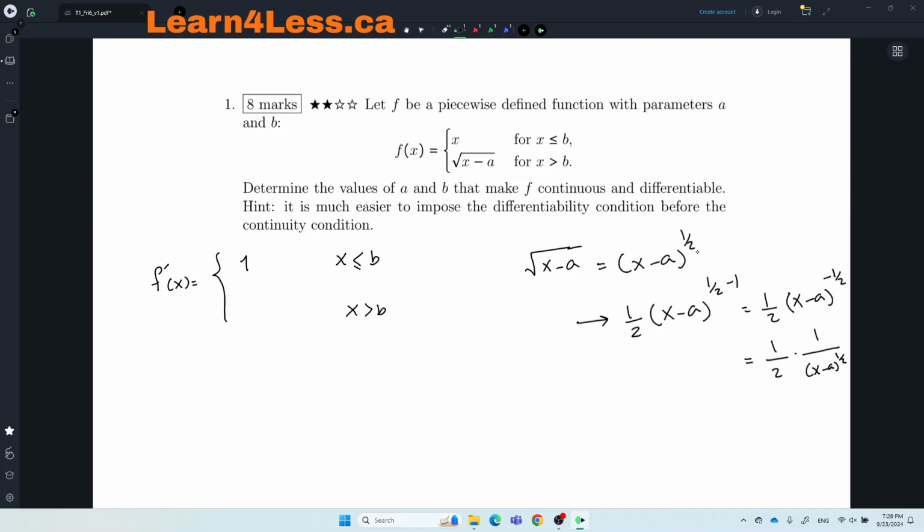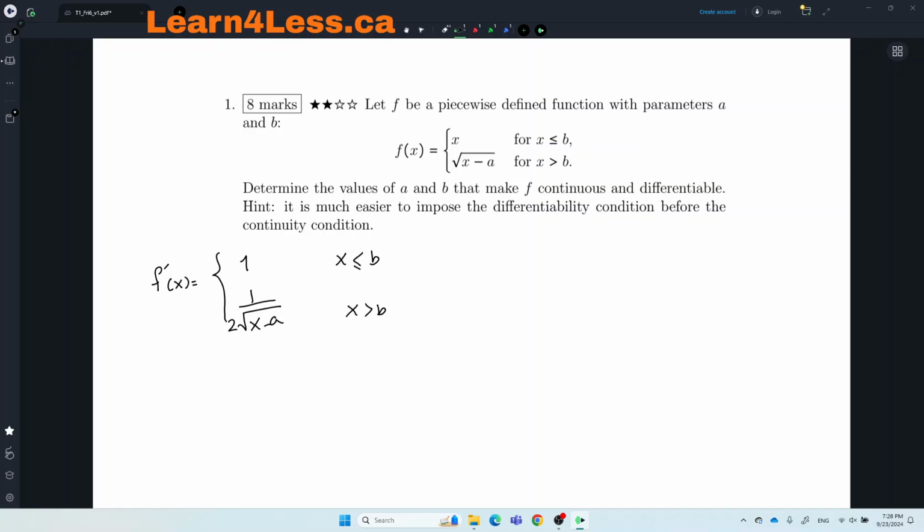And power of half means square root, so it's basically 1 over 2 square root of x minus a. So I just write it here as the derivative for the second piece.